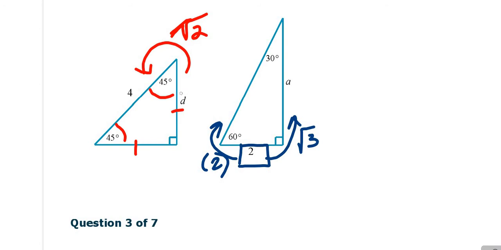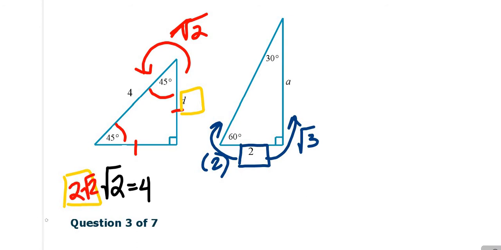So this one reads, something times root 2 is 4. Our something would be 2 root 2, because root 2 times root 2 would give us 2, and 2 times 2 is 4. Correct answer here is 2 root 2.